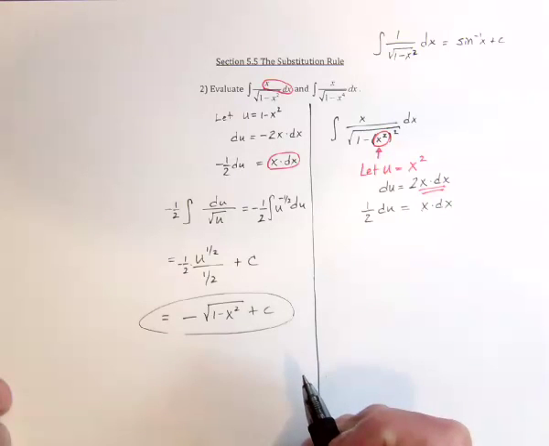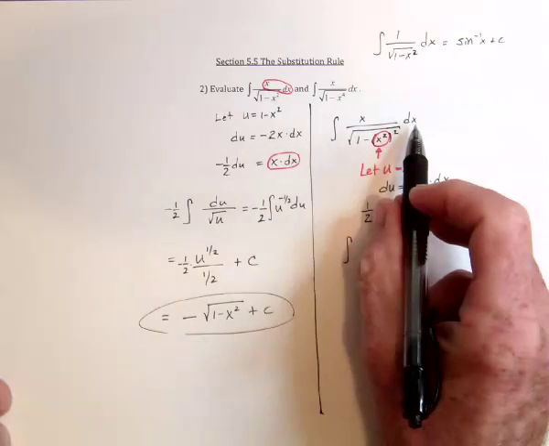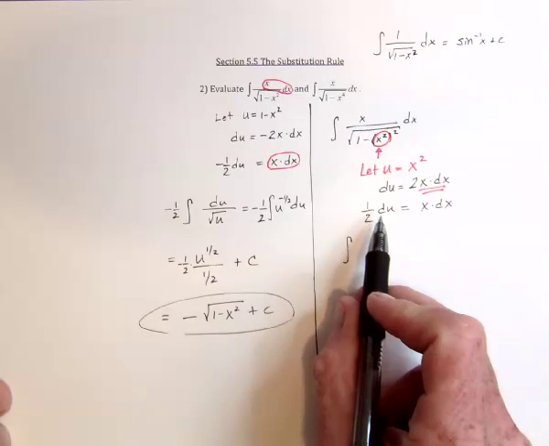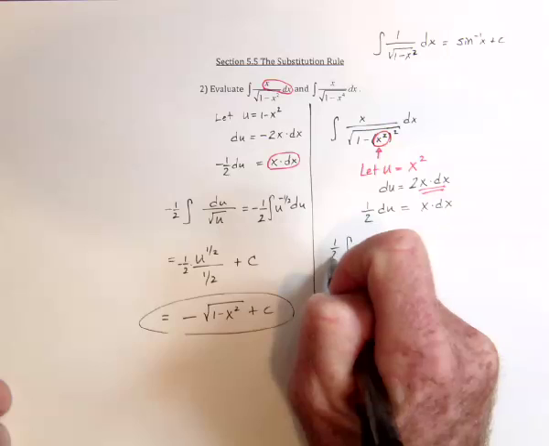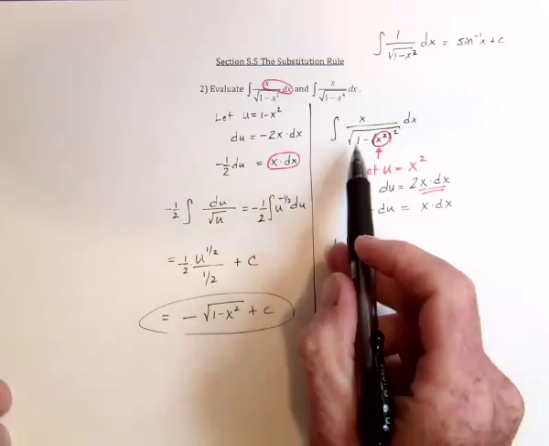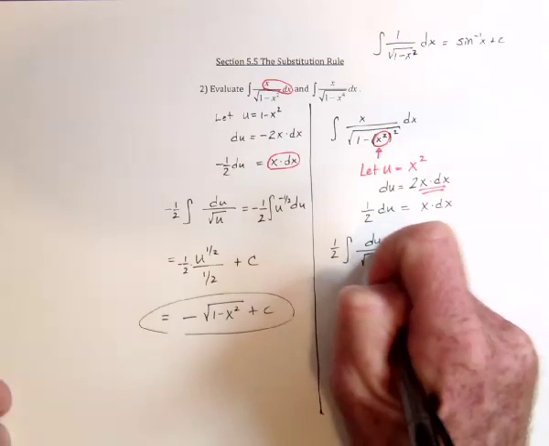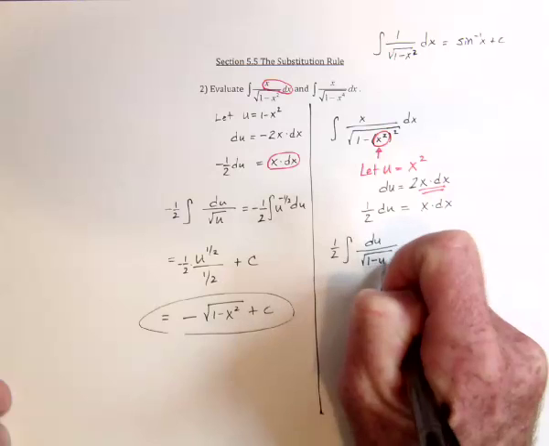And then it's ready for the u substitution. So we're going to get integrate. So x dx gets replaced with 1/2 du. And then it's 1 minus, this is u squared. So square root of 1 minus u squared.